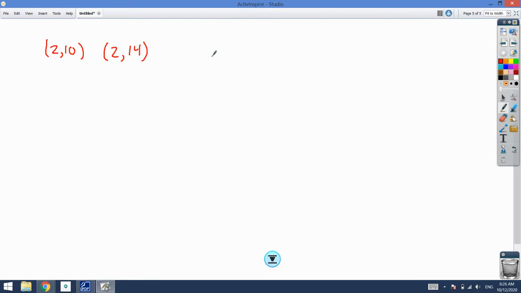We need to find our slope, which is going to be our change in y over our change in x. If this is x1, y1, and that's x2, y2, our change is going to be 14 minus 10 over 2 minus 2.